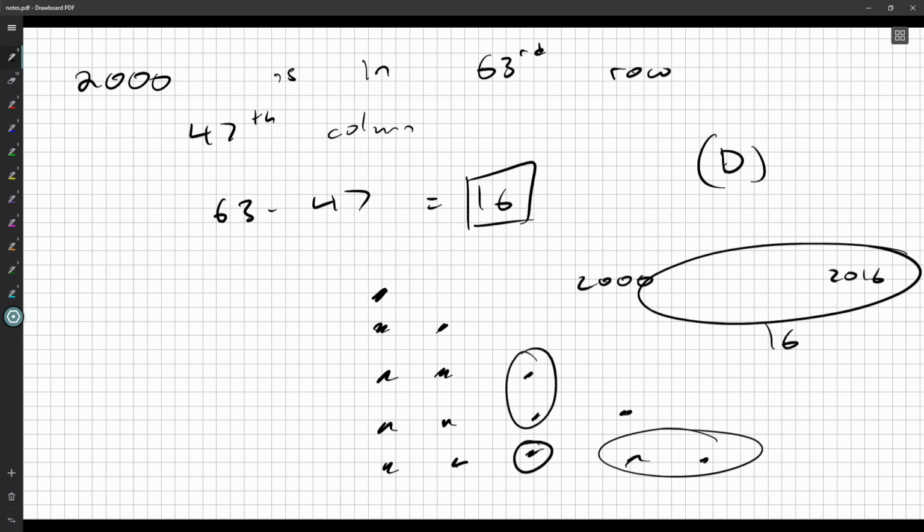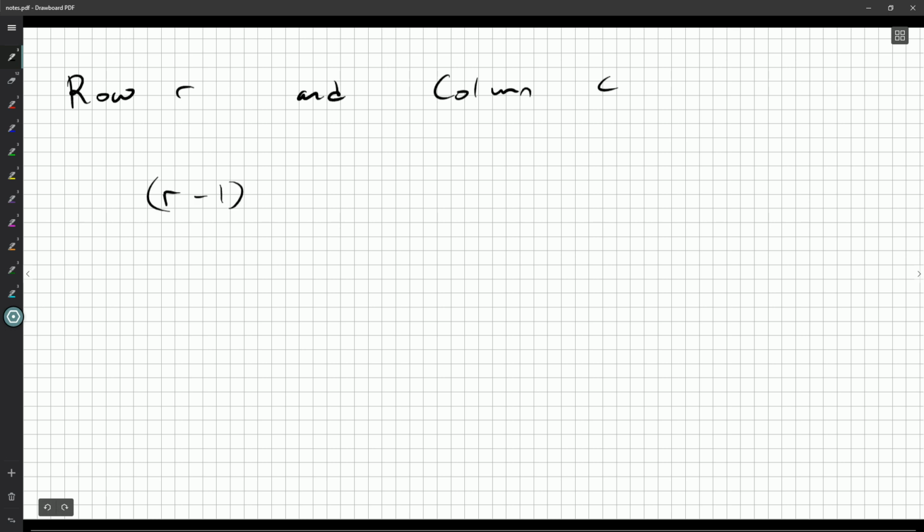And if you're curious and you want a nice little formula to work with, you know, experiment on your own, show that this formula works. The number in row R and column C should be what? Okay. Well, you're going to take the last row number in the previous row, which is this expression, and then you're going to add on your column number.